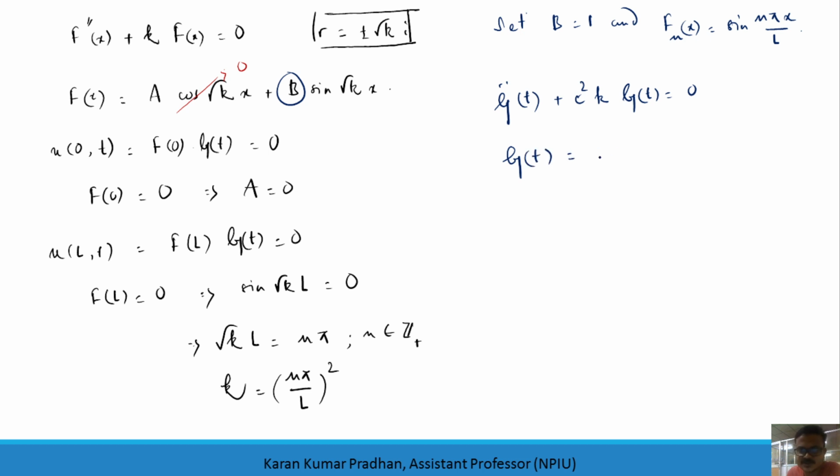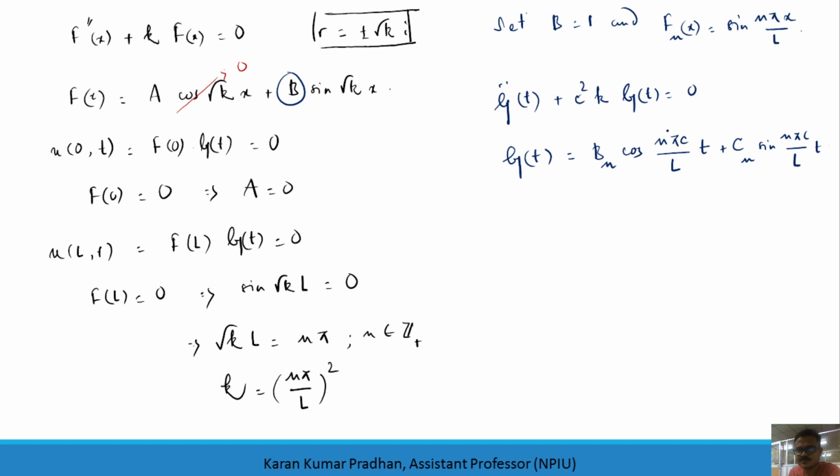I'll write here, let us say this is your B_n cosine, and in place of the square root of k we will have n pi by L, so I will write n pi c by L t, plus C_n, let us say, sine n pi c by L t.